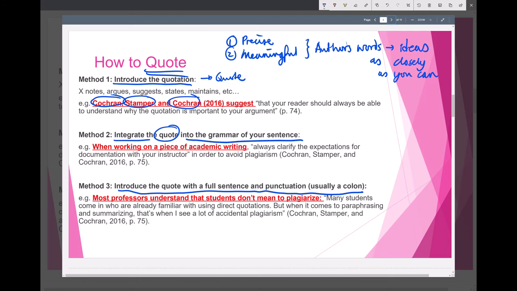These are actually 3 people. And they suggest in 2016, so we have these authors suggesting something. And their idea is this, that your reader should always be able to understand why the quotation is important to your argument.